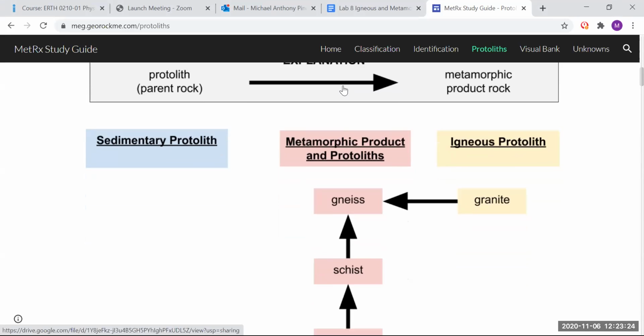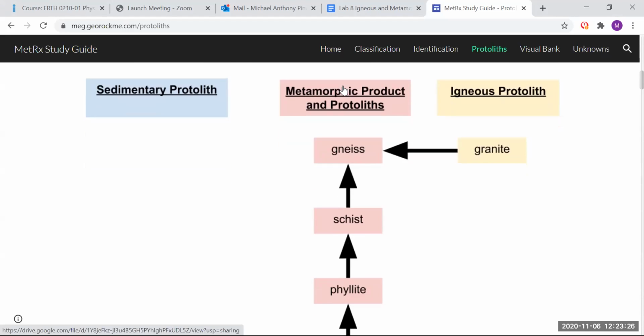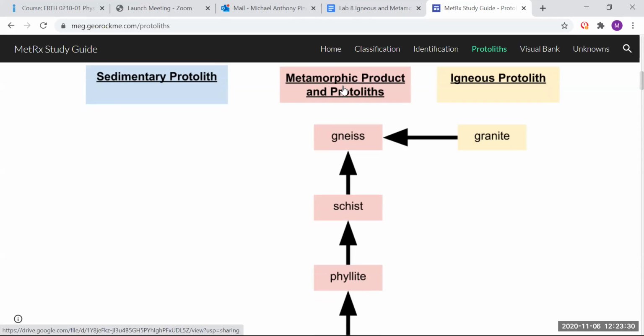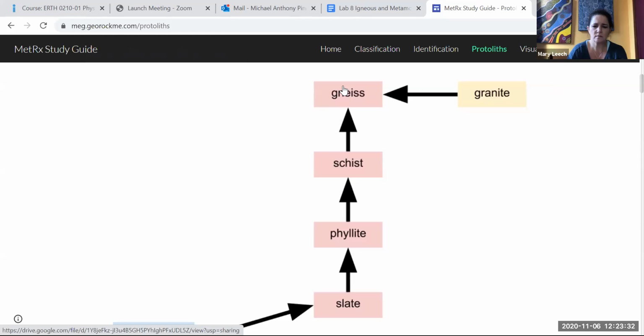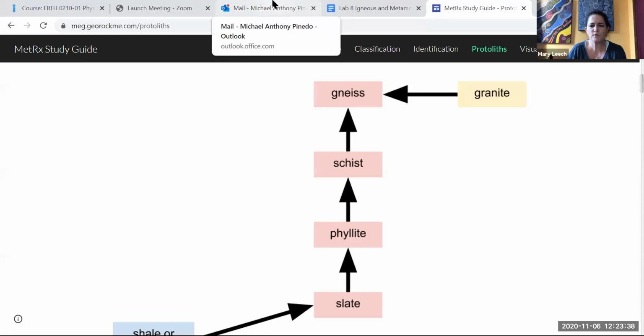Also, the protolith is like the parent rock of the rock that we identify, basically. Correct. So the rock that is older. Before it was metamorphosed, what was it? Okay.